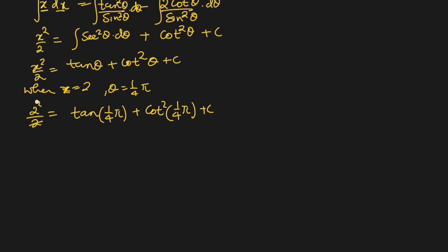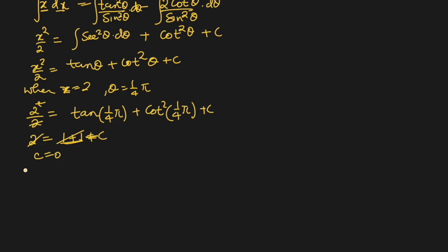So this 2 cancels with the square here, so 2 equal to tan 1 over 4 pi is 1, cot 1 over 4 pi is also 1, so 1 square is again 1, and plus c. So 1 plus 1 is 2, this 2 and this 2 cancel, c is 0.